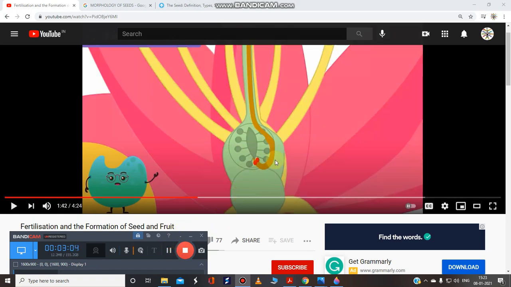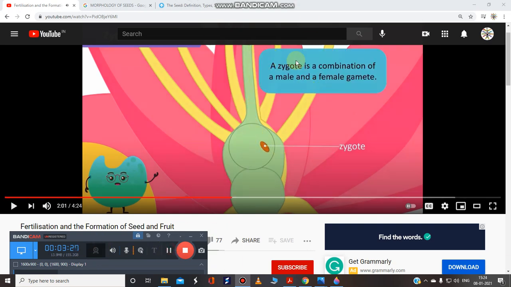Then the nucleus of the pollen grain divides into two different gametes. Then the pollen tube bursts and releases the gametes inside the ovary. The male gamete fuses with the female gamete and forms a zygote. This is the zygote formation. So what is this zygote?